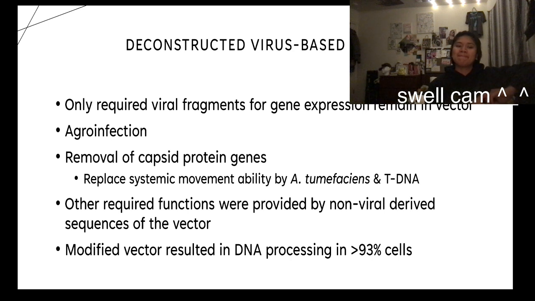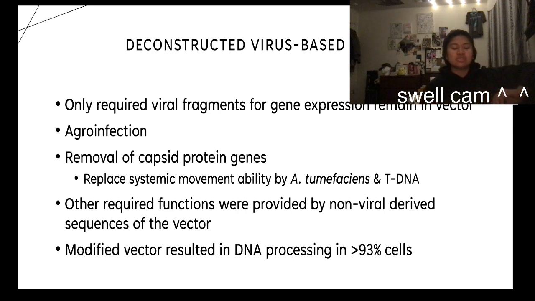You're removing the capsid proteins of the vector, which replaces the systemic movement ability with agrobacterium and tDNA. So you would have to incorporate agrobacterium and your tDNA through agroinfection.